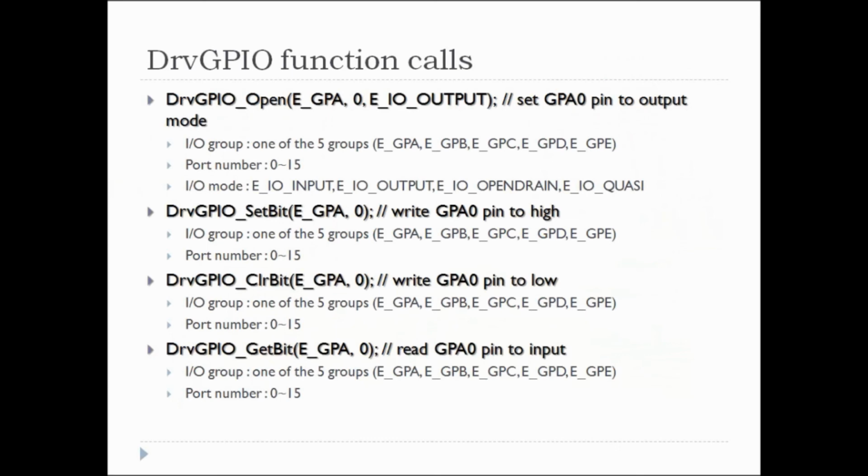The next function is DrvGPIO_SetBit. This function is used to drive high at a particular pin. It has two arguments.